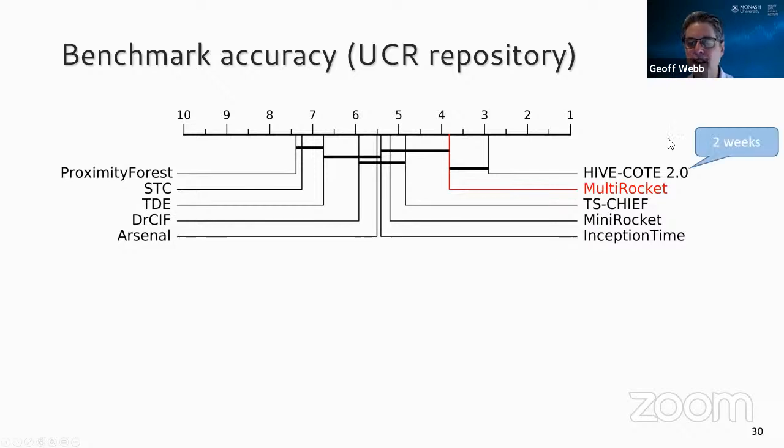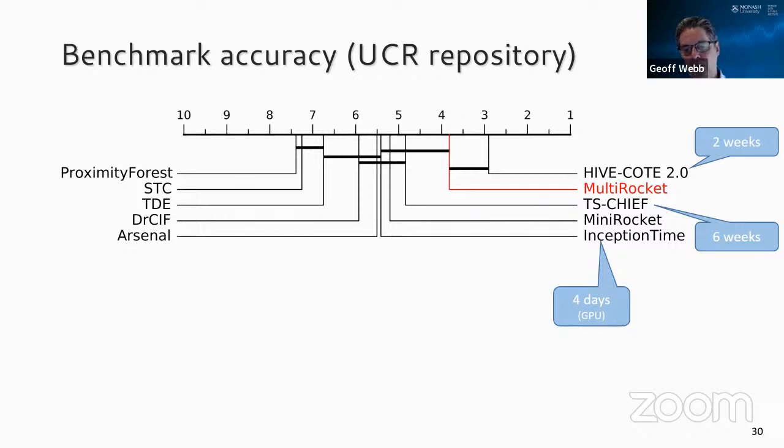In contrast, and I can't see the times here, Hivecoat takes a very long time. So I'm presenting here the total time to process the benchmark series. So Hivecoat requires 2 weeks to do that. TS Chief requires 6 weeks.